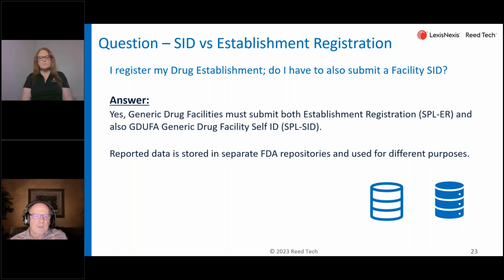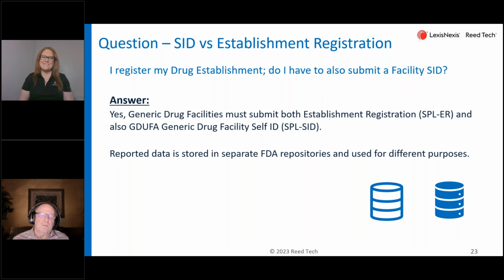So there's an argument and some misunderstandings like, well, if I did one, I don't have to do the other, but that's not the case. A manufacturer will have to submit both of those through the different time periods.